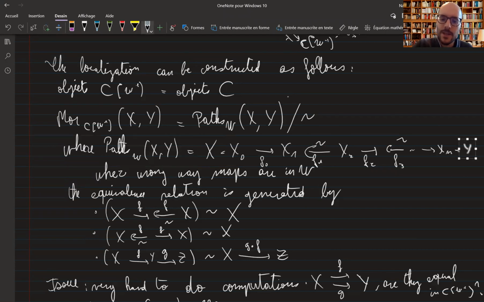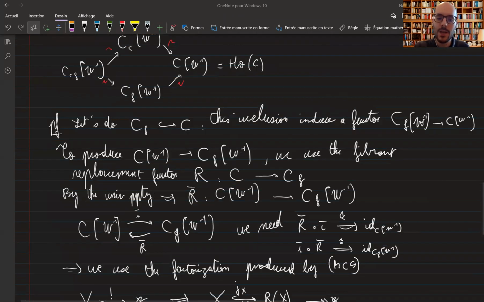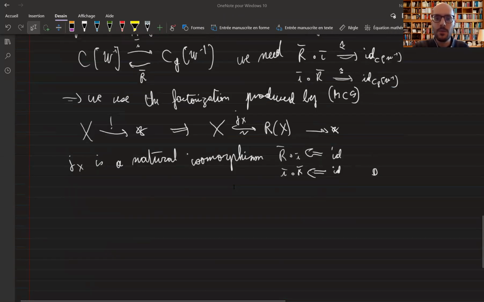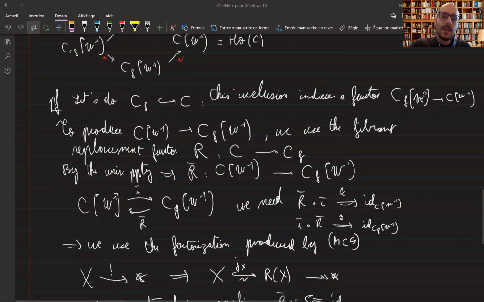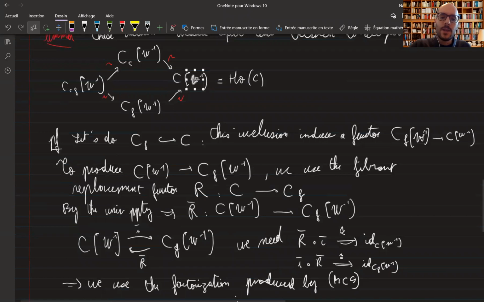And then all that is left to do is take all maps between X and Y and mod out by the relation of homotopy, right? This is what you usually do in topological spaces: you take all maps and then you mod out by the homotopy relation. So we are going to prove that in a model category, this is exactly the same. We start from all objects and the localization.